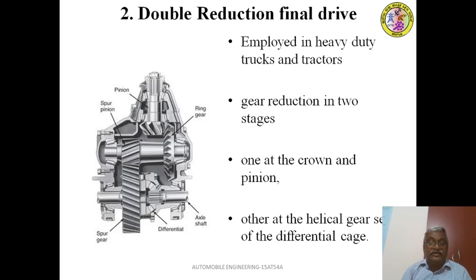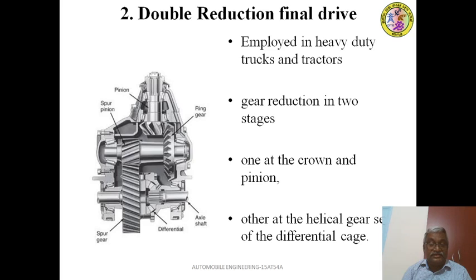In order to get such a high tractive effort, we need high gear reduction. That's why the lowest speed of the tractor is about 2.5 kilometer per hour, and the maximum speed may be up to 35 kilometer per hour or slightly 40 kilometer per hour.